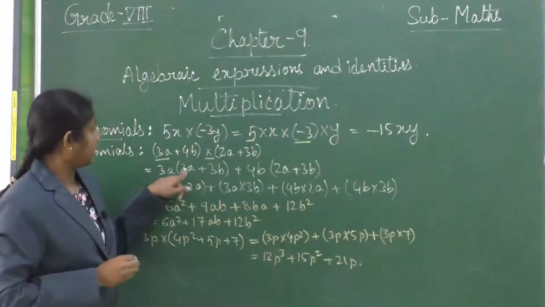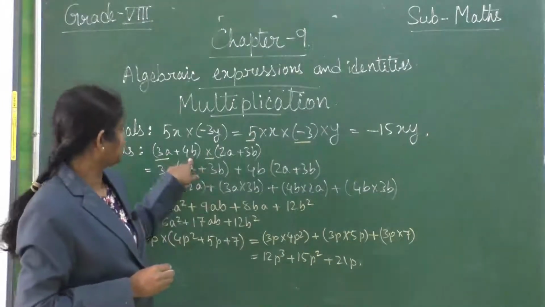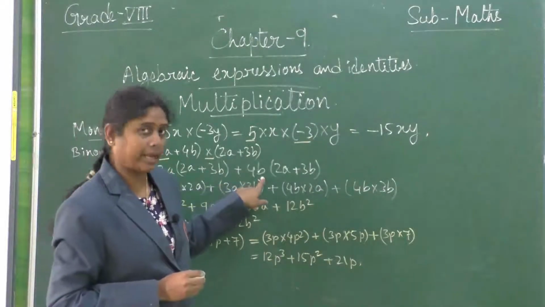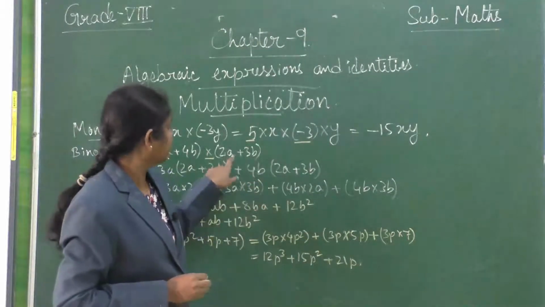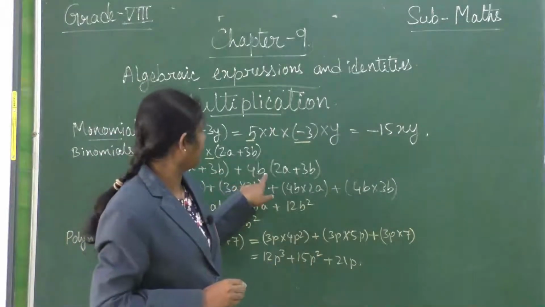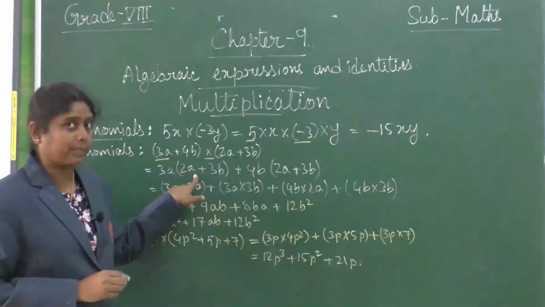So 3a in the bracket, 2a plus 3b. Then take the second term from the first binomial, that is plus 4b, and multiply with the second binomial as a whole. So 4b into 2a plus 3b. Now break the bracket.